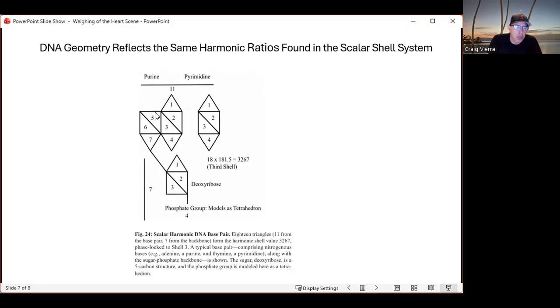So if you look here, the five-membered ring is a pentagon, and then you have a hexagon fused to it. Remember that a hexagon has six points and a pentagon five. So this over here could represent adenine and its base pairing over here, say with thymine.